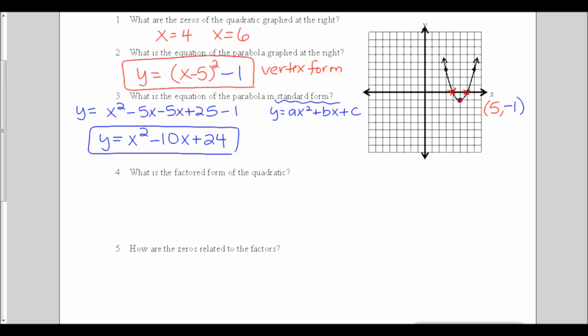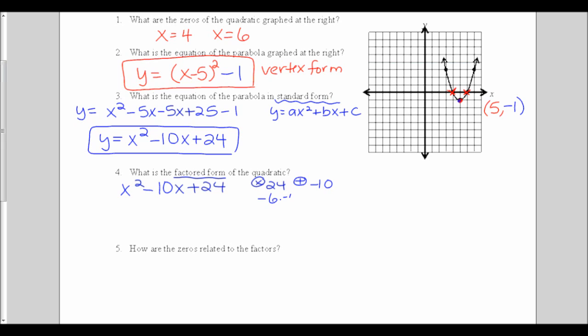In question number 4, I'm looking for the factored form of the quadratic. To do that, I'm going to think of my original equation. The quadratic part was x squared minus 10x plus 24. To factor this equation, I'm looking for what two numbers multiply to 24 and add to -10. In order to multiply to a positive, I need to have two numbers with the same sign.